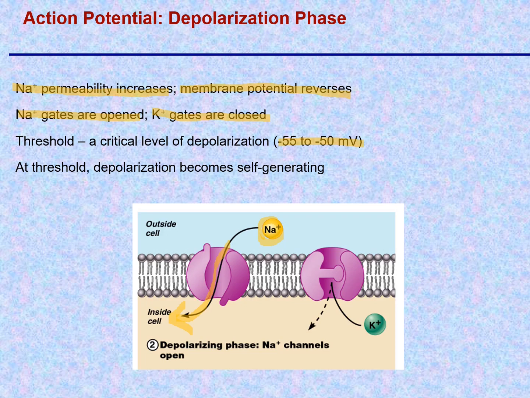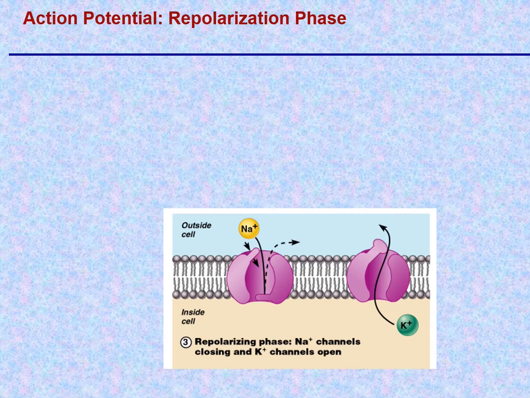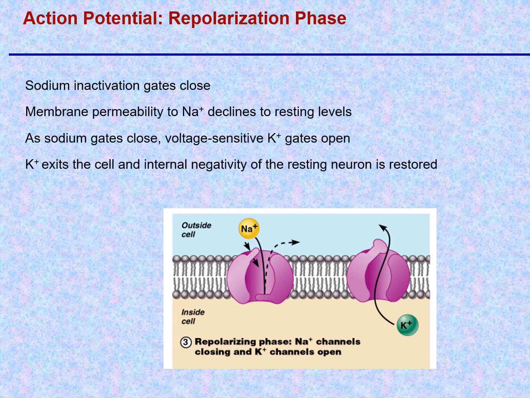If it does reach that threshold, then the depolarization event becomes self-generating, and it doesn't need any more stimulus to depolarize more. It goes boom, really fast, really suddenly. So this is depolarization reaching threshold. And now you have a big surge of entry, and that's the action potential.